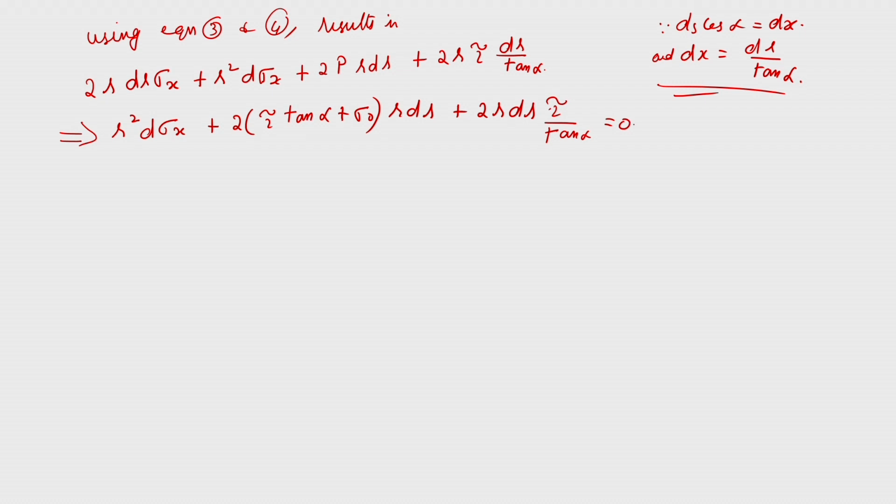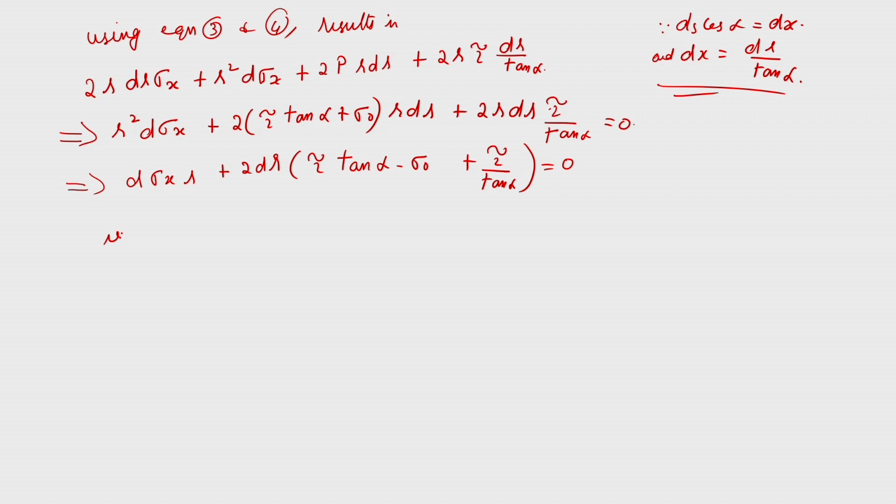Just rearranging, okay. So that means we are getting d sigma x r, because r is common, if you cancel it, is equal to tau dr into tau tan alpha minus sigma 0 plus tau by tan alpha is equal to 0.